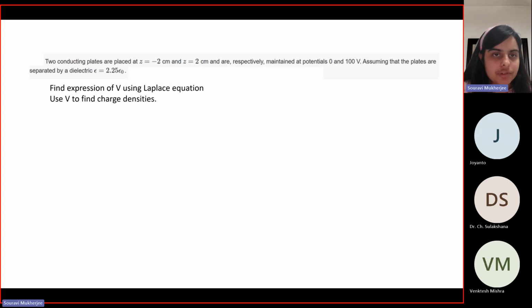It's simple, right? Try to solve it. Del square B del Z square is equal to 0. So that means del B del Z will be constant and B will be something like AZ plus B kind of form, right? So if you have that form and if you have these two conditions, can you tell me the form of the potential?